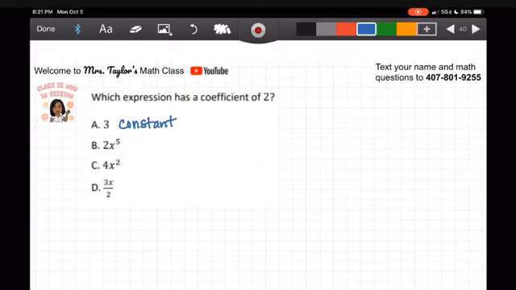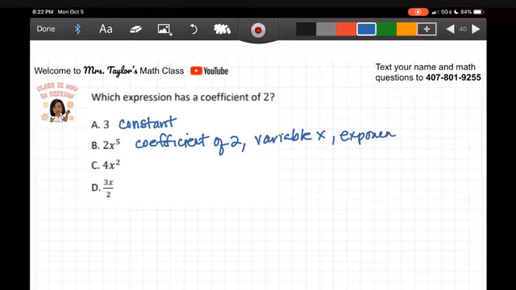In part B, you have a coefficient. You have a coefficient of 2. You have a variable x, and you have the exponent of 5. It's important to know all your pieces.